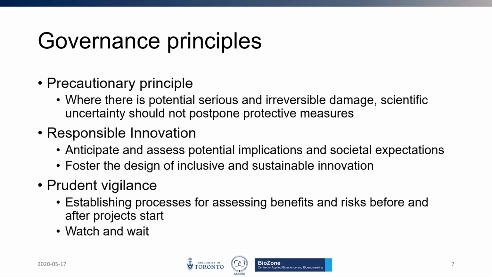It's essentially fostering the design of inclusive and sustainable innovation through the consideration of risks and benefits, and the development of mechanisms to assess those risks and benefits at every stage of development. We'll talk about it some more in the next couple of slides, but it's a cycle of: you start with the technology. What are the concerns that you can anticipate?